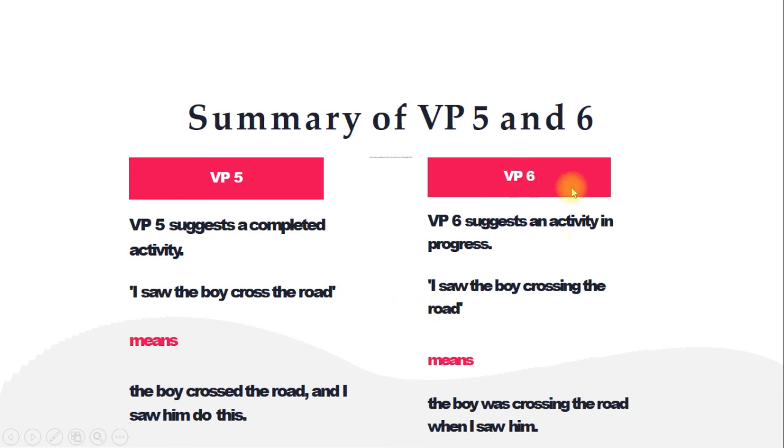While verb pattern 6 suggests an activity in progress. Here, I saw the boy crossing the road means that the boy was crossing the road when I saw him. So it means I saw the boy in the middle of the road when he was crossing the road, because the activity is in progress.